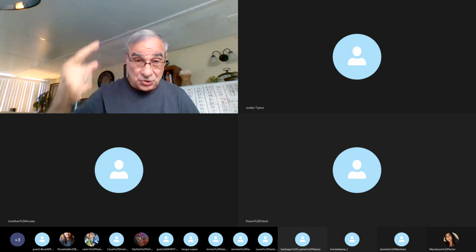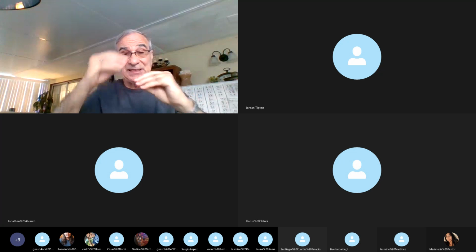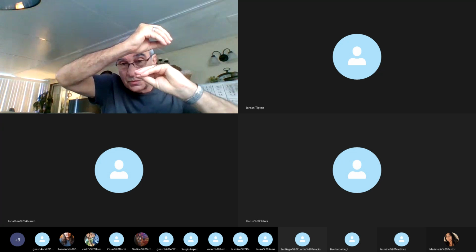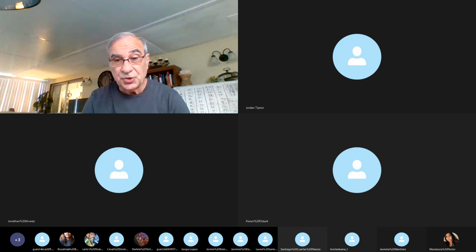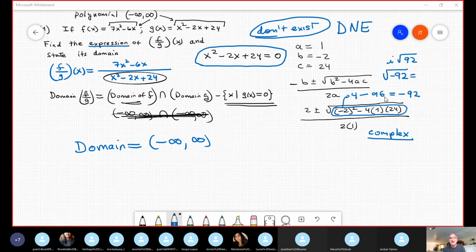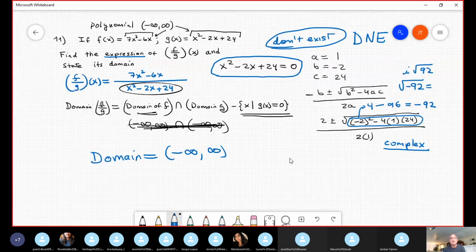But additionally, you need to investigate the 0 of the denominator because it's a division. But when I try solving the quadratic equation, I realize that we have an imaginary solution. Therefore, we have no restriction. The super fantastic conclusion is that the domain is all real numbers. There is no bad guy. The bad guy lives in Jupiter, not on Earth.